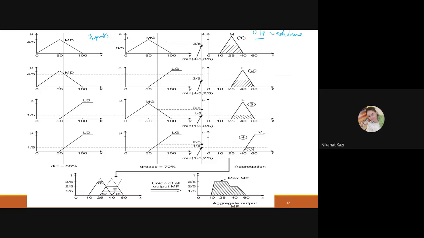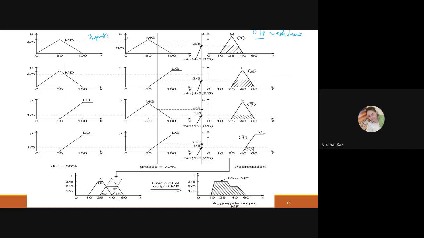We are taking the union of everything. That is nothing but aggregating the output, and that is what you get. This is the first one, this is the second one, third one, fourth one. When you combine everything, you get this kind of an overall output function. For this overall output function, you need to apply the defuzzification method, any one of the defuzzification methods.